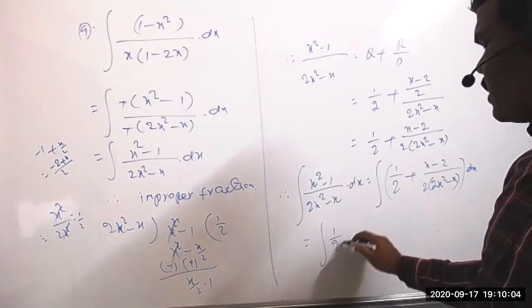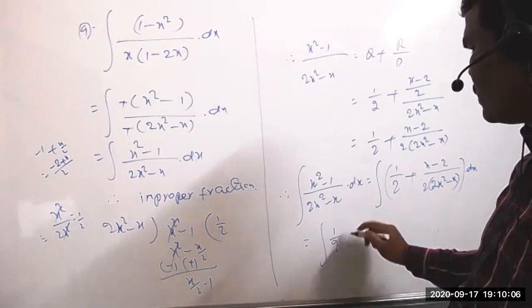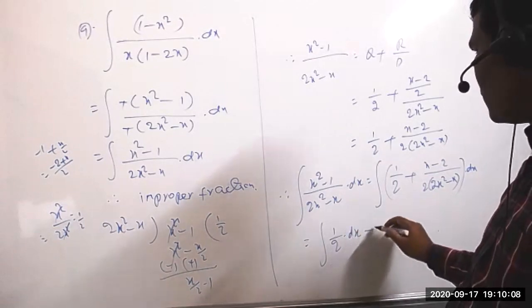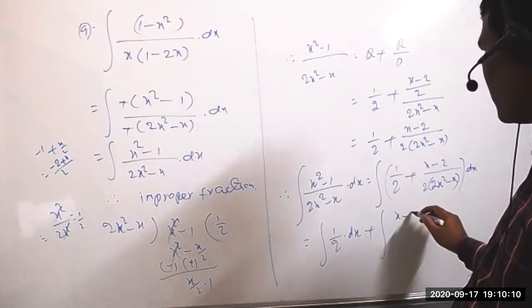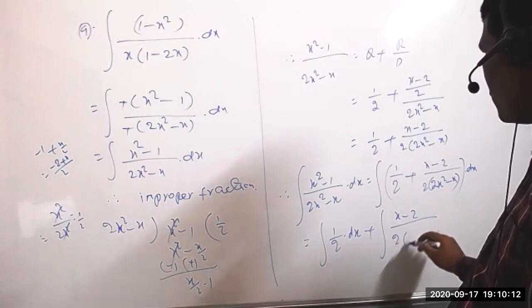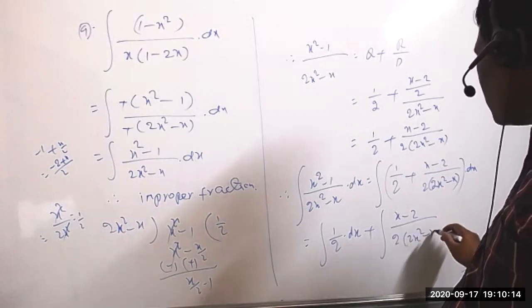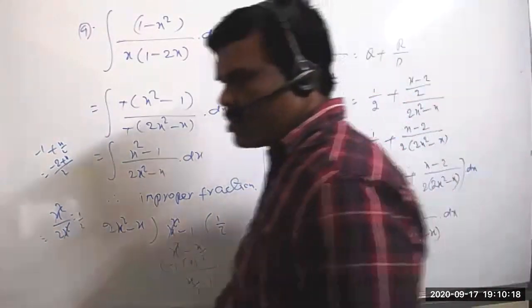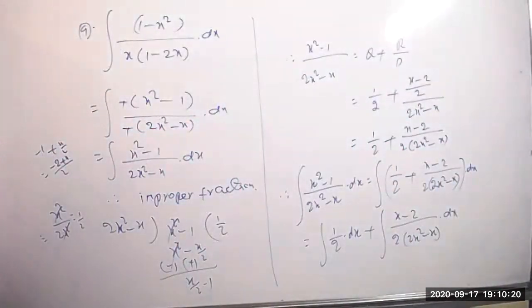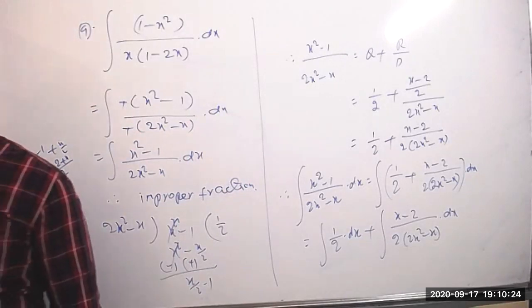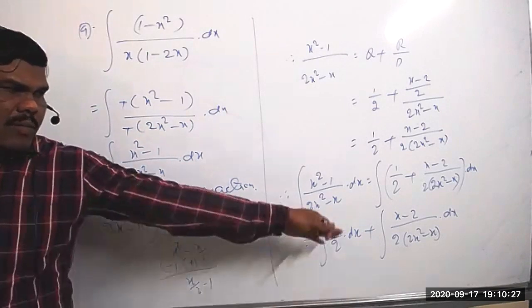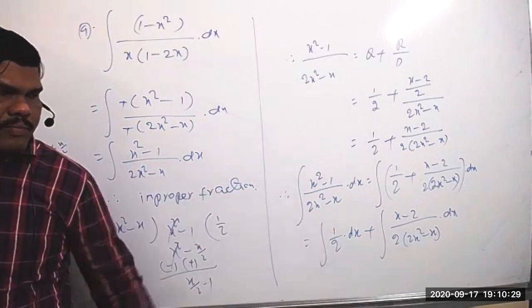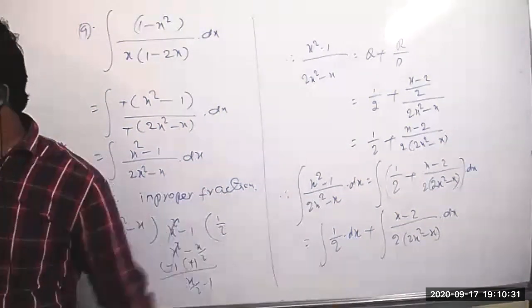Integration of 1 by 2 into dx is the one thing, plus integration of x minus 2 by 2 into 2x square minus x into dx is the second one. Okay. Now all of you complete the question. It's very easy. Because integration of 1 by 2 into dx equals clearly x by 2 you will get. And 1 by 2 you take common outside now.